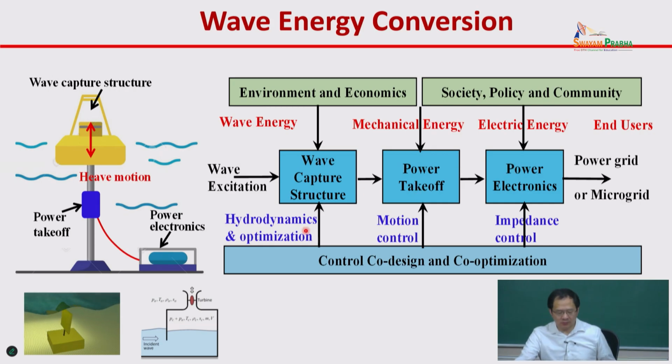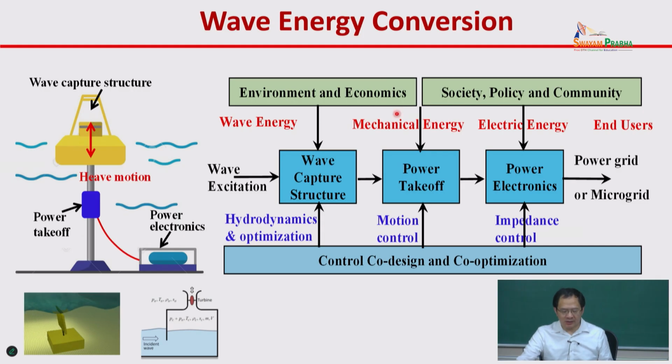Not only this control, hydrodynamics is important too. The capture width ratio, how much wave energy gets converted to mechanical energy, is an important concept. Here you have motion control and impedance control. So when we talk about control, it includes hydrodynamics control, motion control, and impedance control in power electronics.